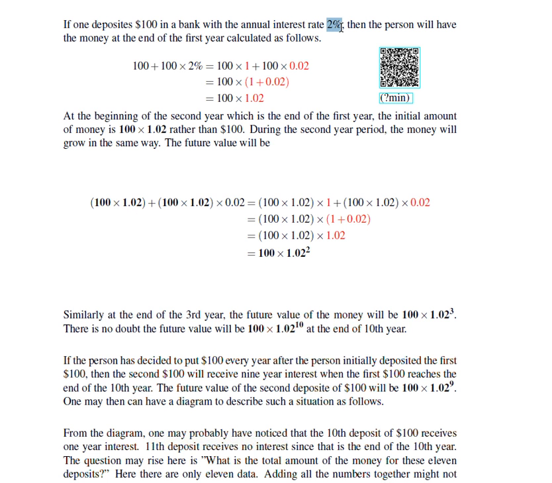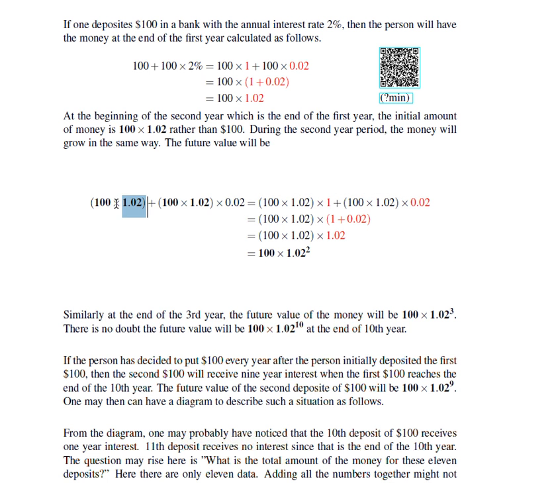It's still 2%. So at the end of the second year, how much money would that be? It is the starting amount at the beginning of the second year plus the initial amount times the same interest.